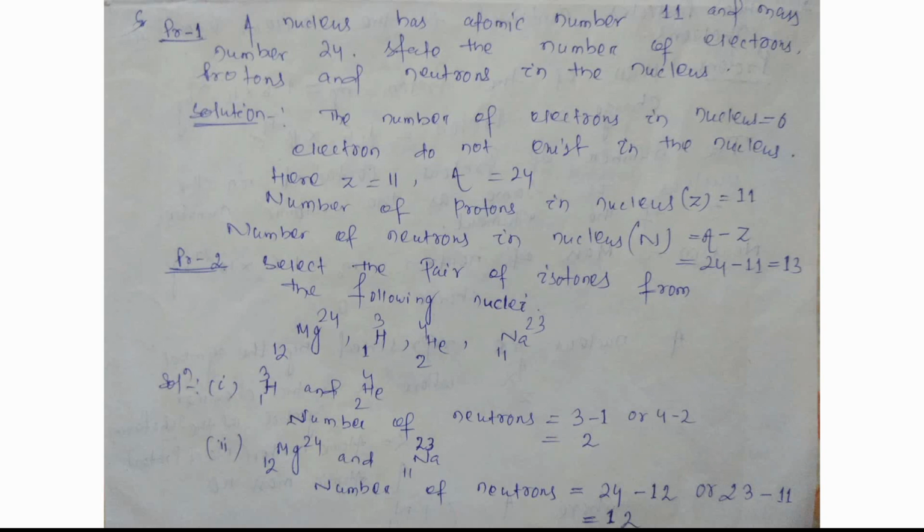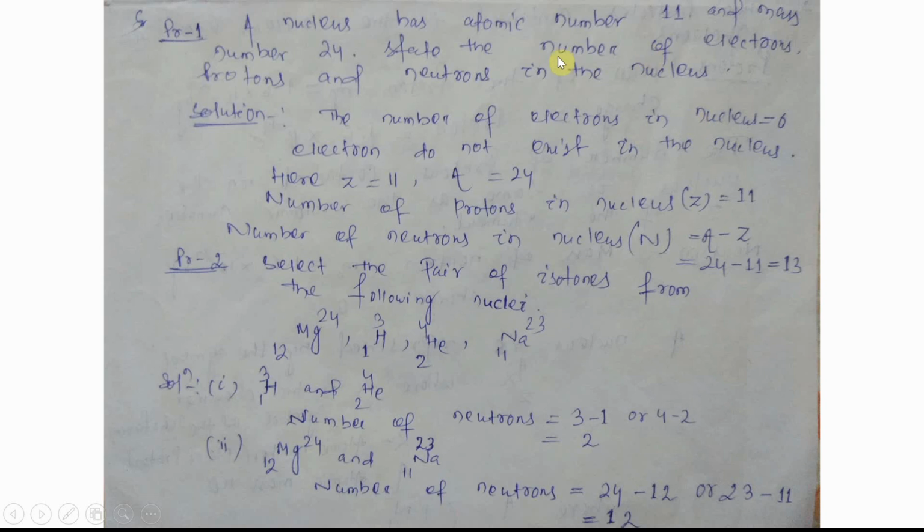Next come to a problem based upon the theory we have already discussed. Problem number 1 is like this: a nucleus has atomic number 11 and mass number 24. State the number of electrons, protons and neutrons in the nucleus.